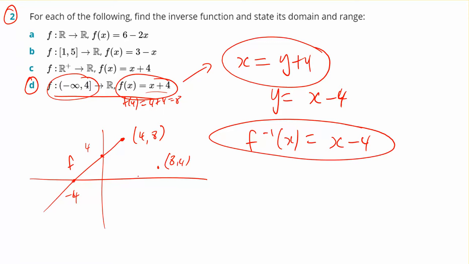The original y-intercept becomes the x-intercept, so we'll have an intercept at 4, and a y-intercept, which is the original x-intercept of -4. So the inverse will look something like this, which makes sense because it's reflected along the line y equals x.